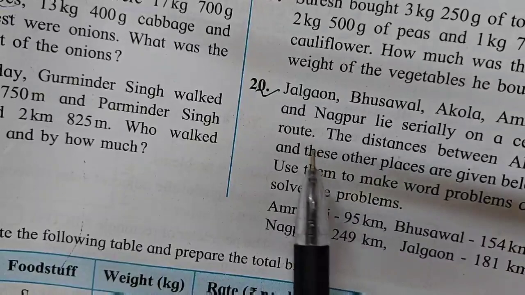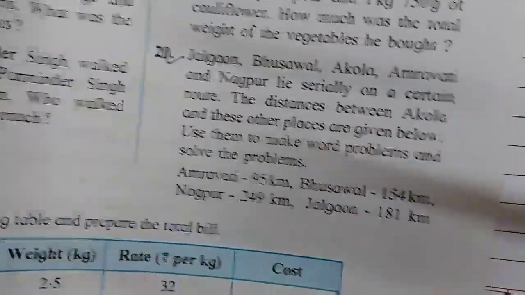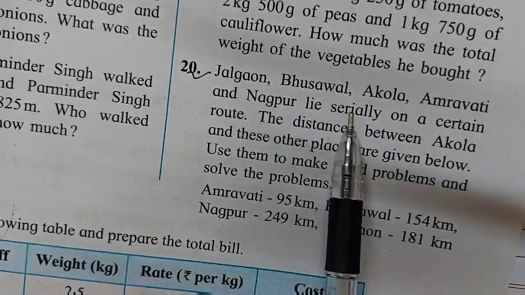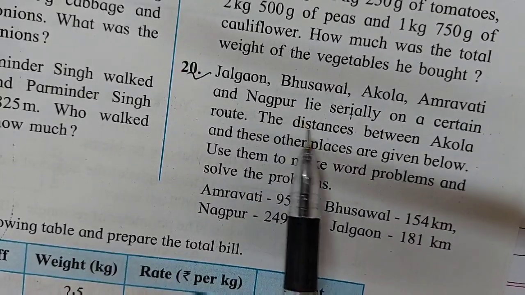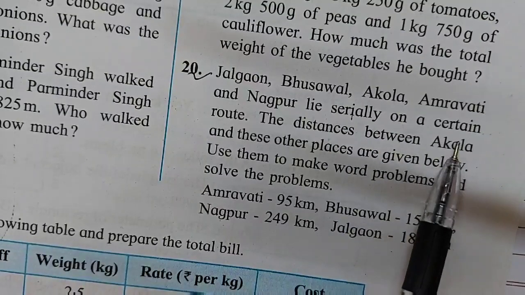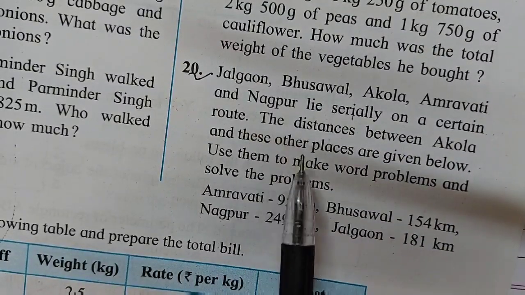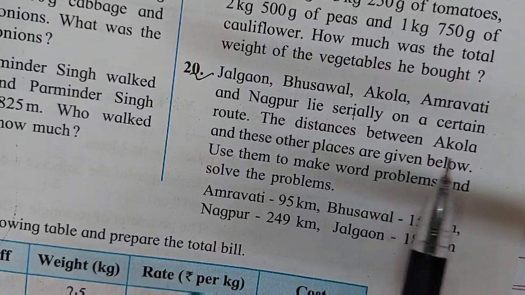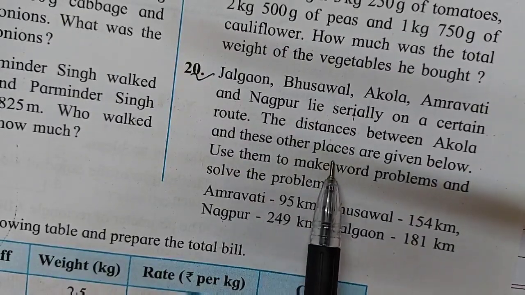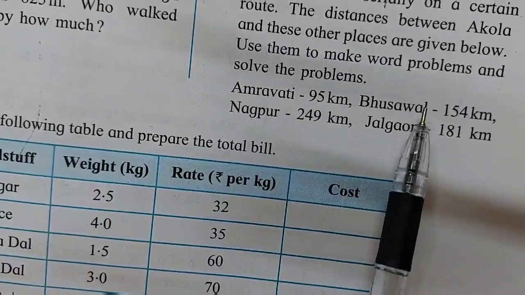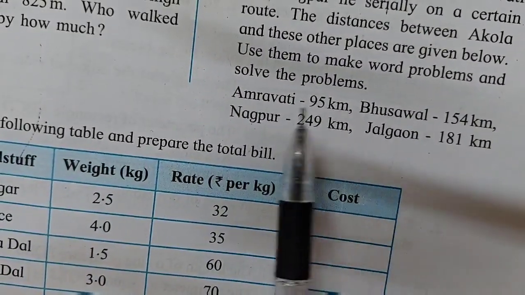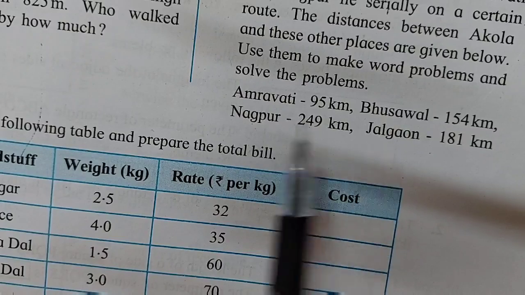Now your sum number 20 is: Jalgaon, Bhusawal, Akola, Amravati and Nagpur lie serially on a certain route. The distances between Akola and these places are given below. Use them to make a word problem and solve the word problem.